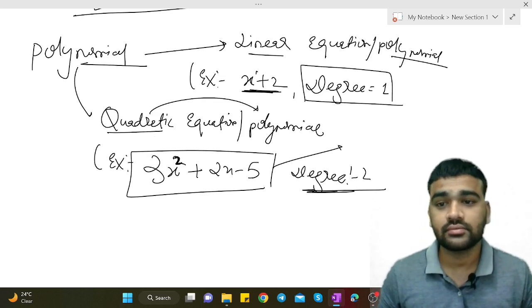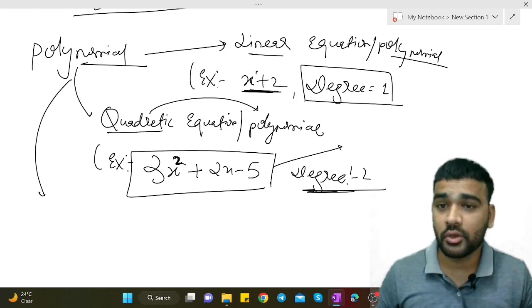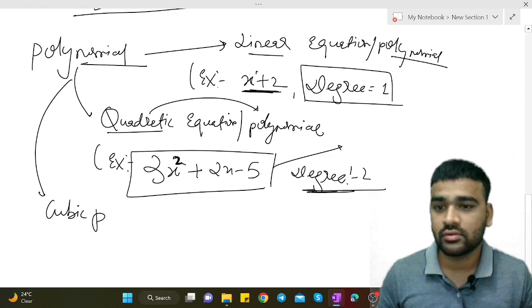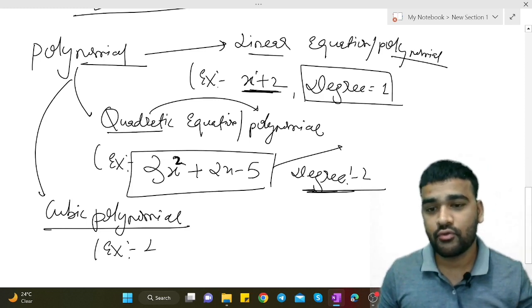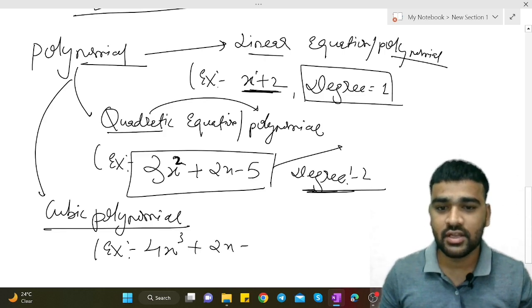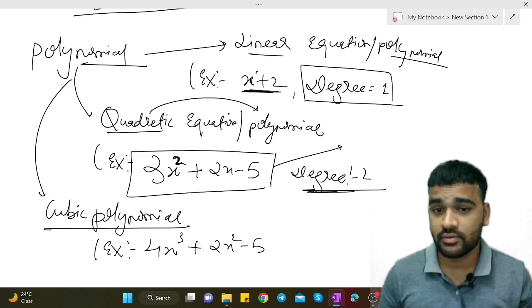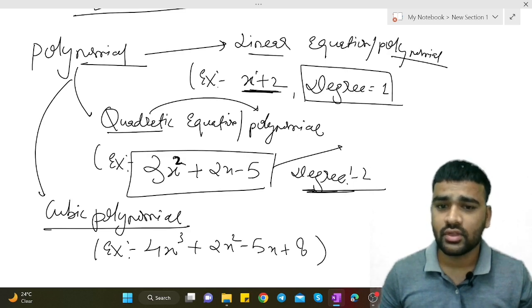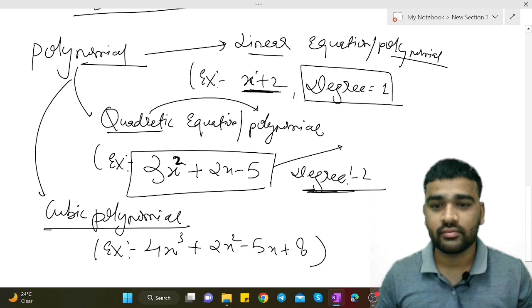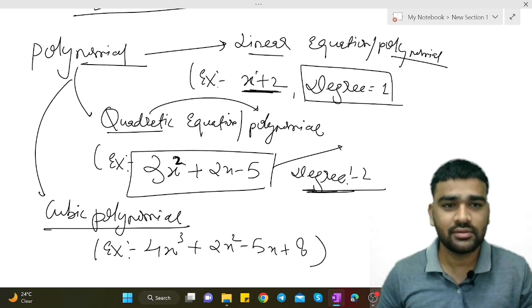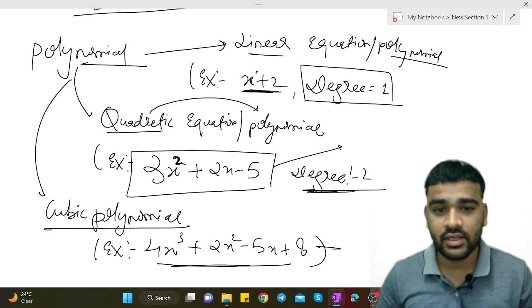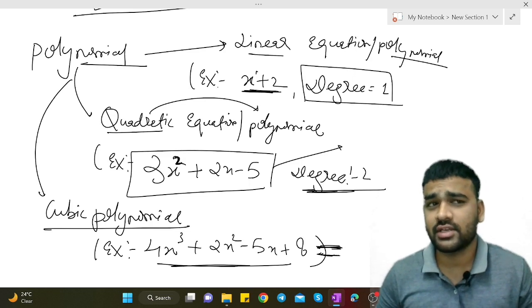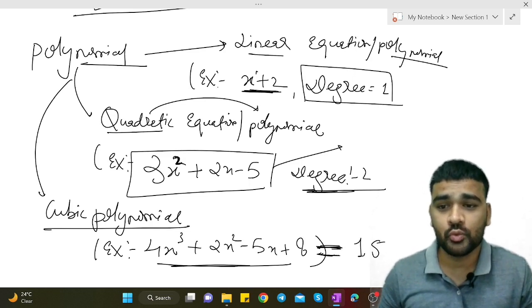Let's have another type of polynomial, which is a cubic polynomial. Let's say the example 4x cubed plus 2x minus 5x squared plus 8. Here you have 3, 2, 1, then nothing. So this is going to be your cubic polynomial. If I set it equal to some number, let's say 15, this becomes your cubic equation.